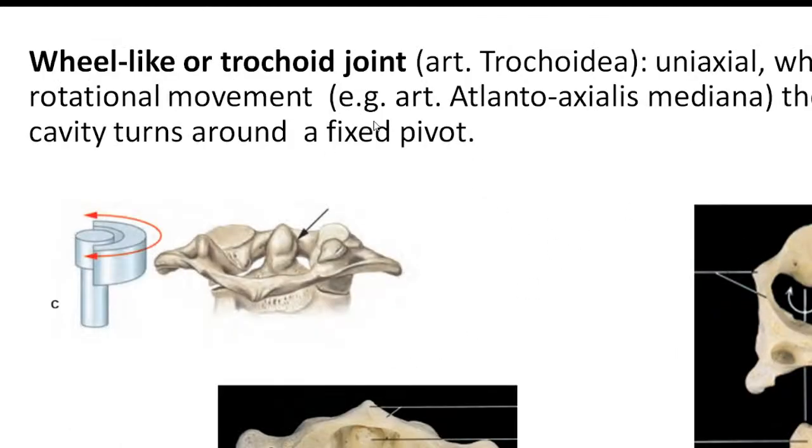Then the trochoid joint, articulatio trochoidea, is uniaxial and allows rotational movement. For example, articulatio atlantoaxialis mediana. The concave joint cavity turns around a fixed pivot. This is a wheel-like joint, uniaxial.